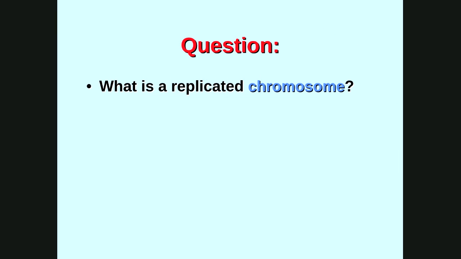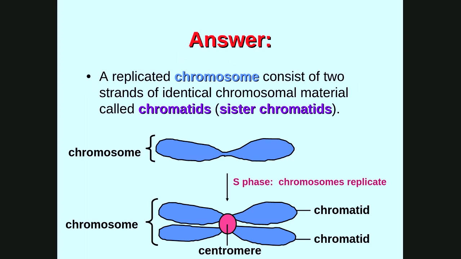So what is the replicated chromosome? A replicated chromosome consists of two strands of identical chromosomal material called chromatids, known as sister chromatids.